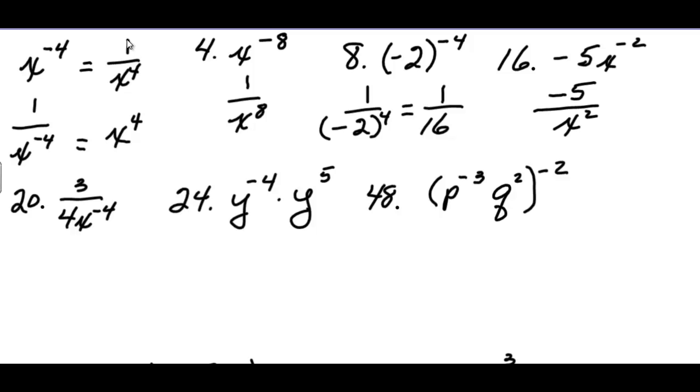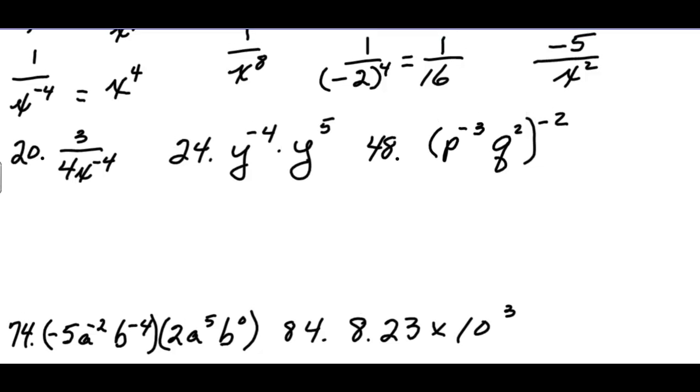Looking at number 20, and I'm going to move this down just a bit so we can look at it a little better. Now we have 3 over 4x to the negative 4th. Notice again, we have the 3. We're not doing anything with that, so that's going to be in our numerator. That exponent only pertains to the x that's with it.